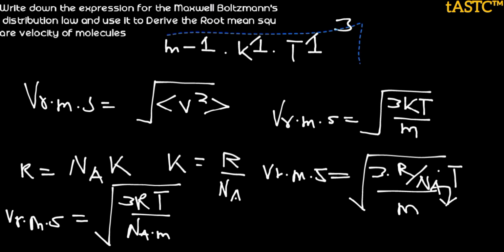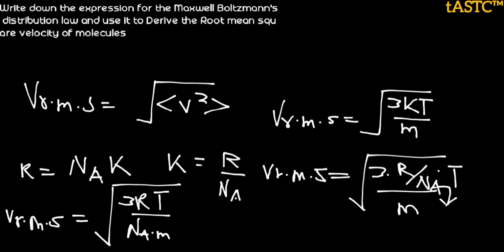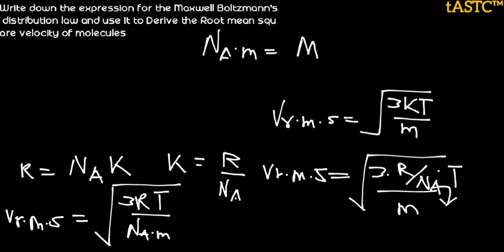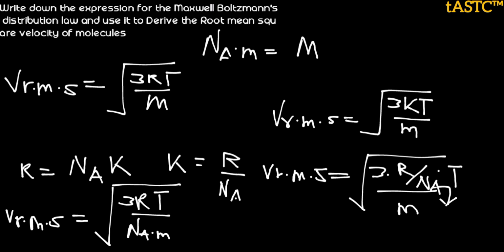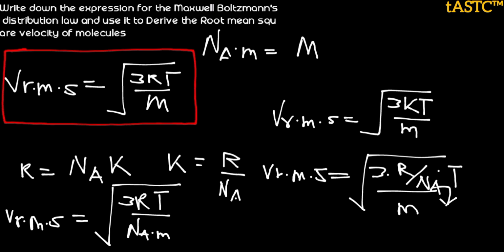Now this stuff, NA multiplied by M. Need to write it out somewhere here. If you've got this, NA multiplied by M, this is equal to the molar mass of the gases. So in that case, we can find a new form, that VRMS is equal to the square root of 3RT divided by uppercase M. So this is the one formula.